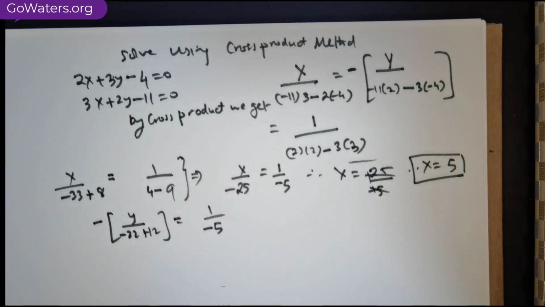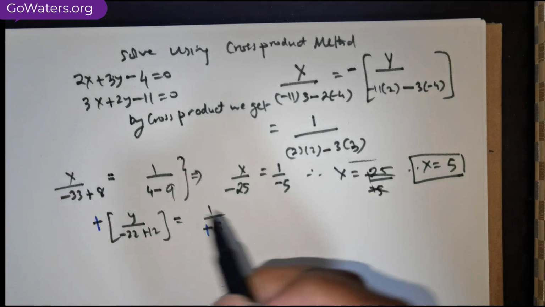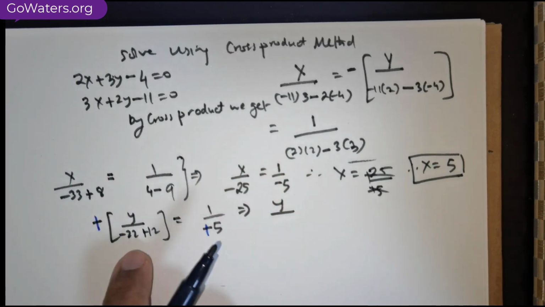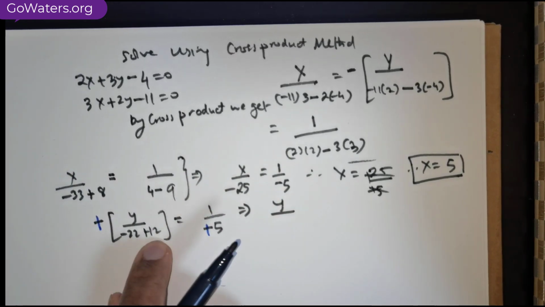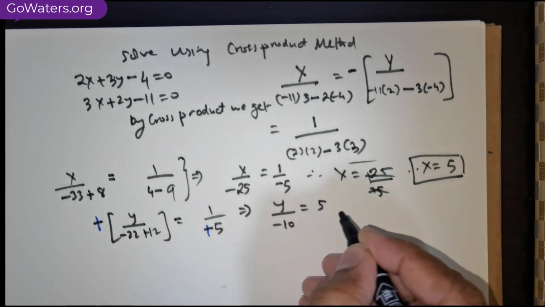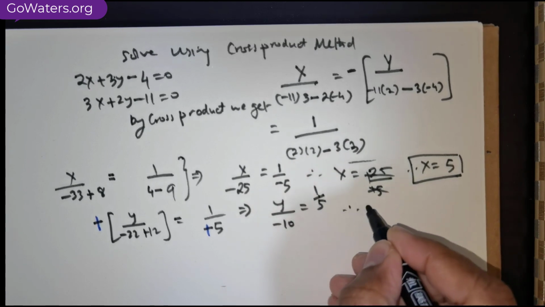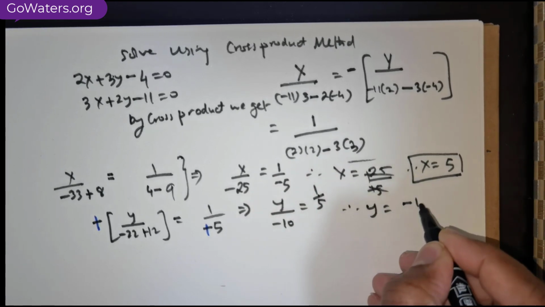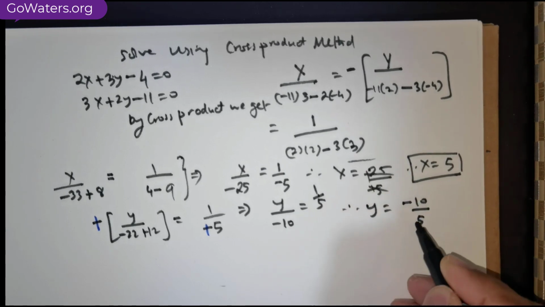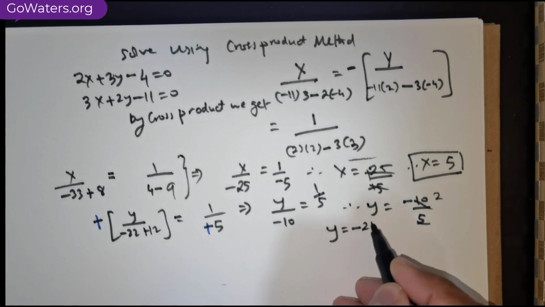So these two negatives will be dropped, they will become positive, and so you got y divided by negative 22 added up with positive 12. That's going to give me a negative 10 is equal to 1 over 5, and therefore y is equal to negative 10 divided by 5. 5 divides 10 2 times, so our value of y is negative 2.